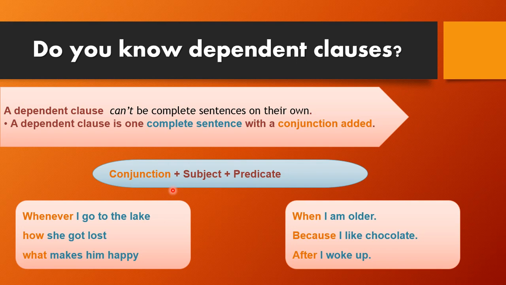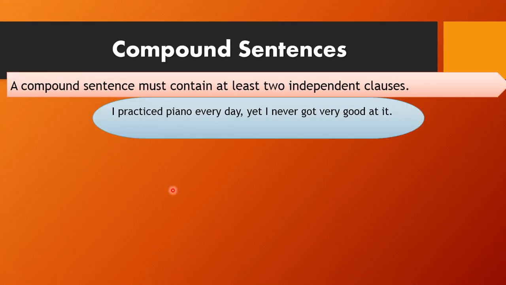So it's a part of it. When you read it, you'll find that it doesn't give me a complete thought. It needs something else to support or complete its meaning, like the examples given to you. Whenever I go to the lake, here I'm missing something. It needs another one.